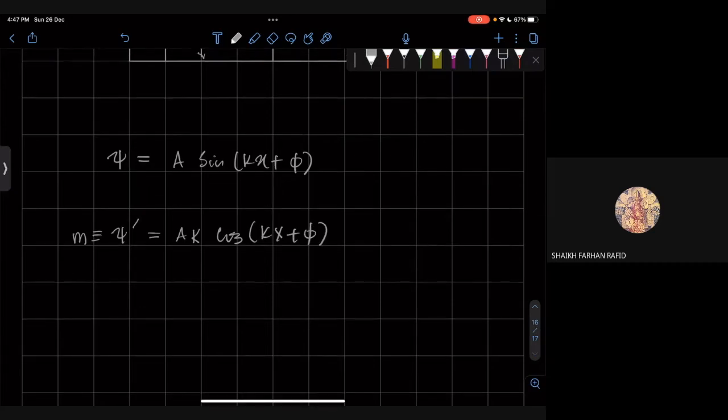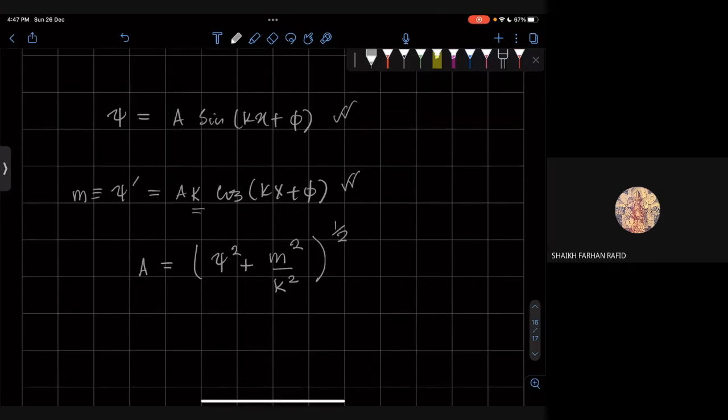Now between psi and psi prime, we can square these two expressions and add them to get rid of the trigonometric functions, and that way we find an expression for the amplitude in terms of psi and its first derivative, which I'm calling m. And there is also k squared coming from here, right? So this you can derive from these two equations.